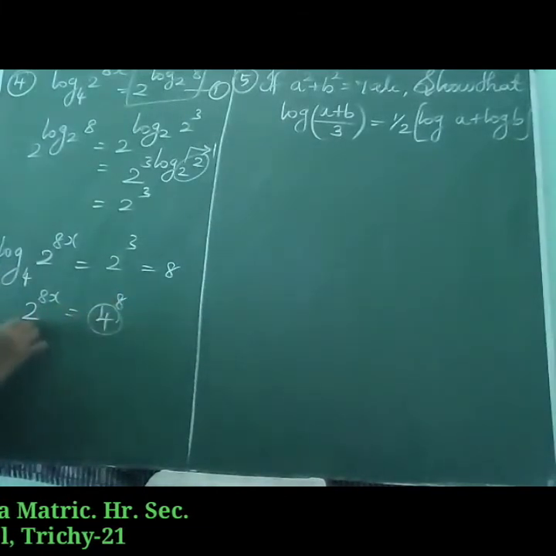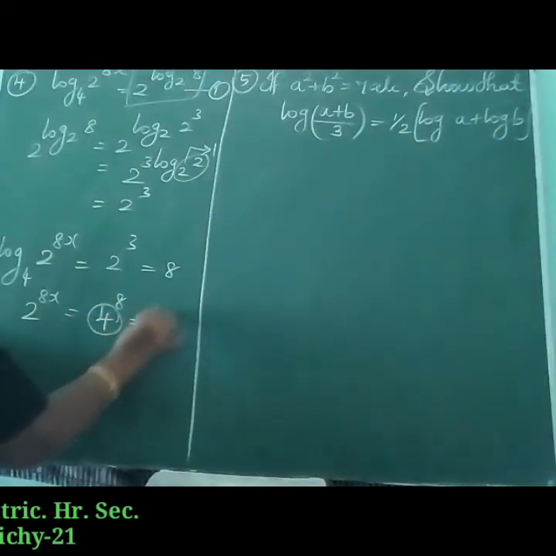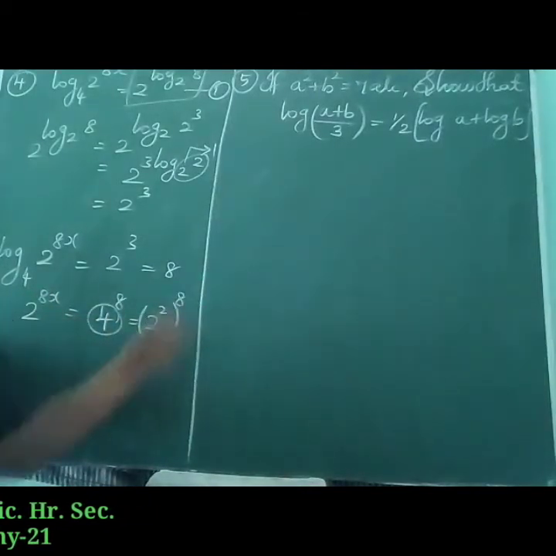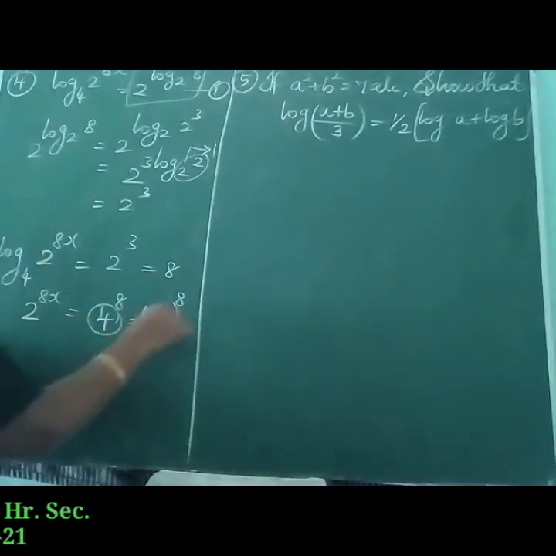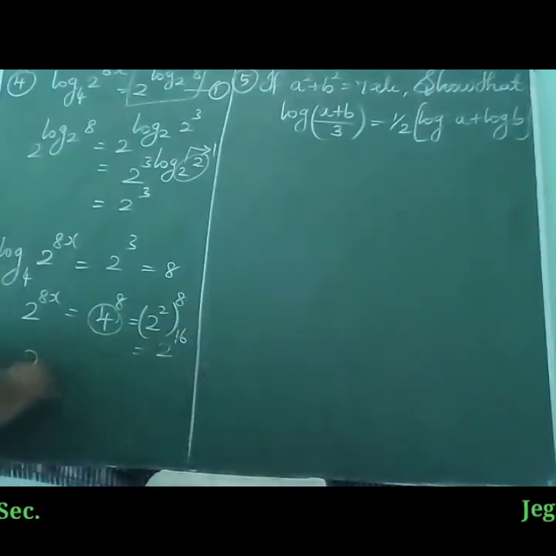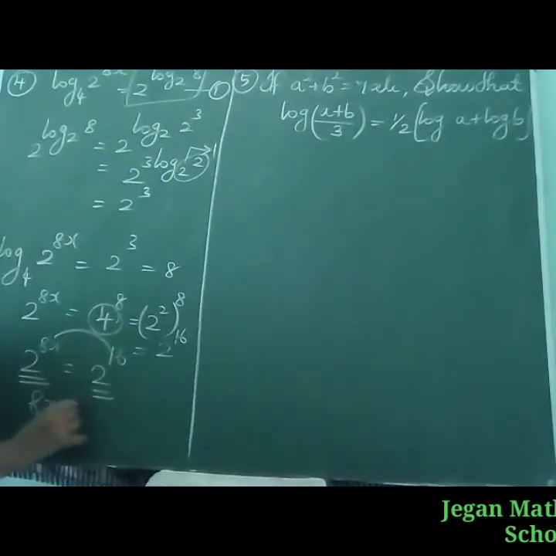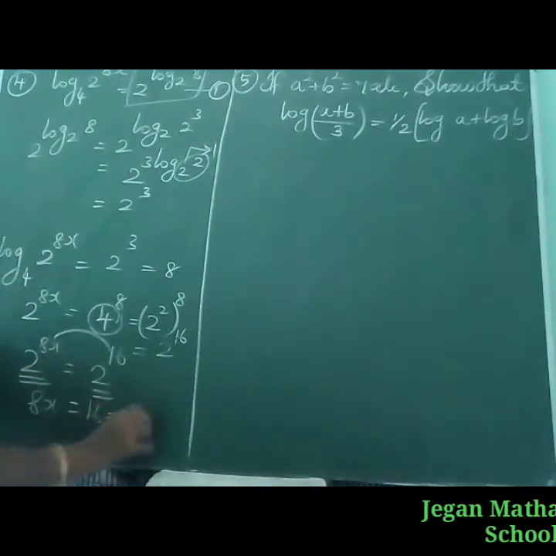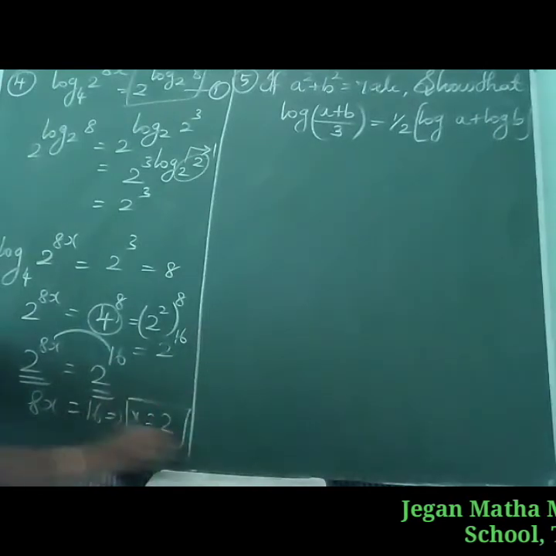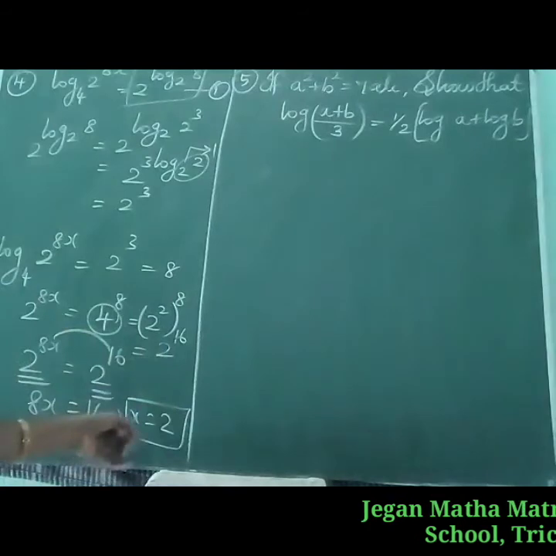Since on the left side we have 2 power 8x, 4 also can be written as 2 square the whole power 8. A power m the whole power n, that is 2 power 16. So 2 power 8x equal to 2 power 16. Base values are equal, means we can equate the powers. So 8x equal to 16, x is equal to 2. Like this you can find out the value of x is equal to 2.